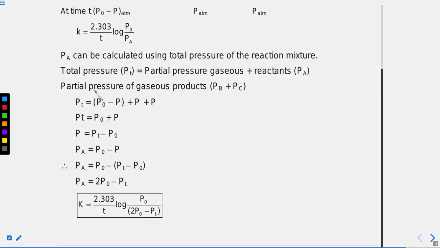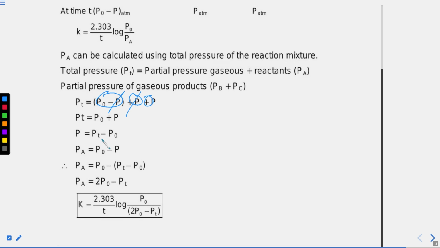Pressure at time t equals P naught minus p plus p plus p. Then we know that this minus p and plus p will get cancelled. So we'll get it finally as pressure at time t, PT, equals P naught plus p. We can simplify it further also.